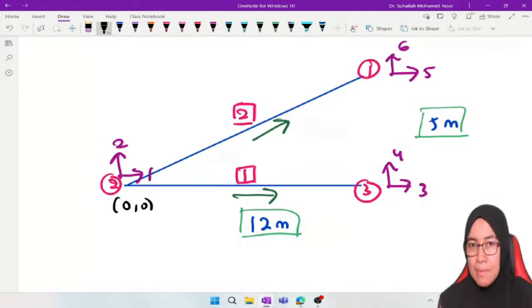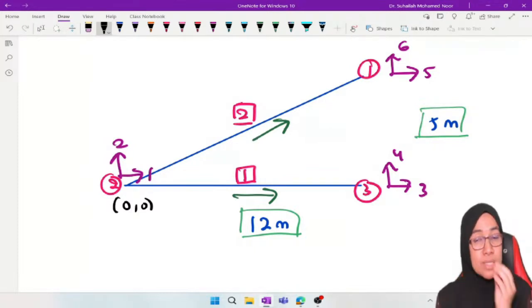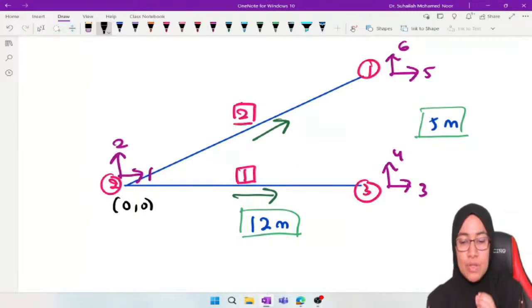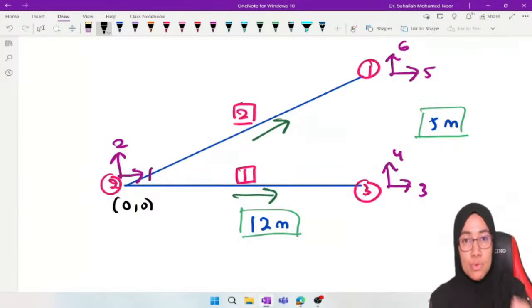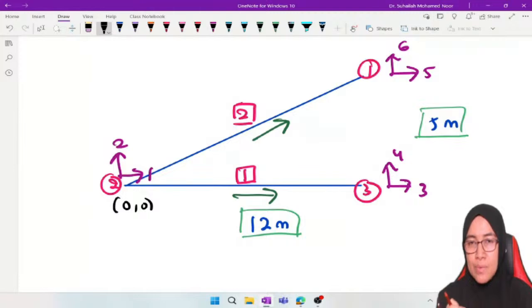If we choose 3 as origin, we will have a negative coordinate at node number 2. But when we choose 2 as origin, 1 and 3 get positive coordinates. It is just a tip. So now we choose 2 as origin.